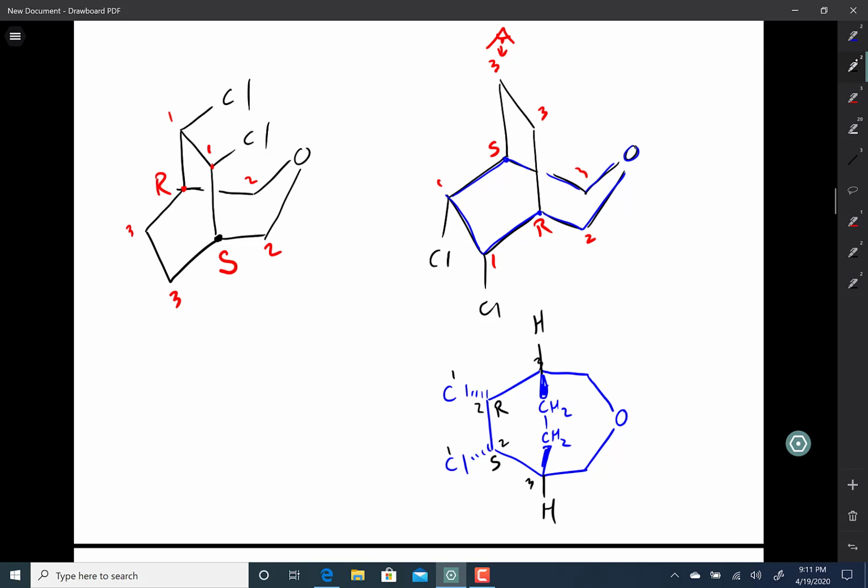It's just the way it is. And so you get 1, 2, 3. That's an S chiral center. 1, 2, 3. That's an R chiral center. And you can see it matches the above description.